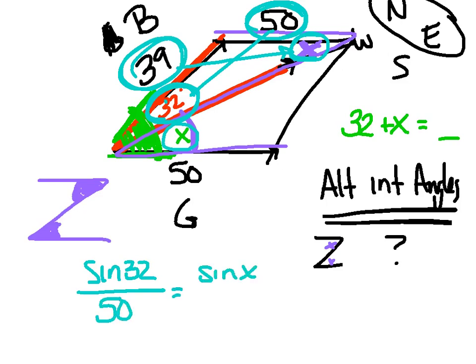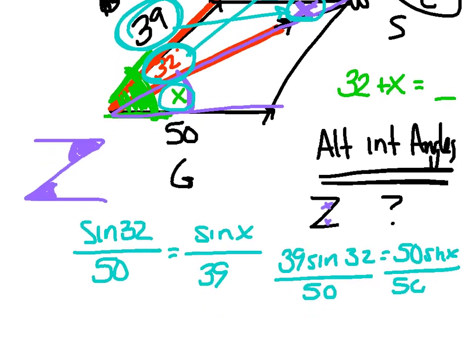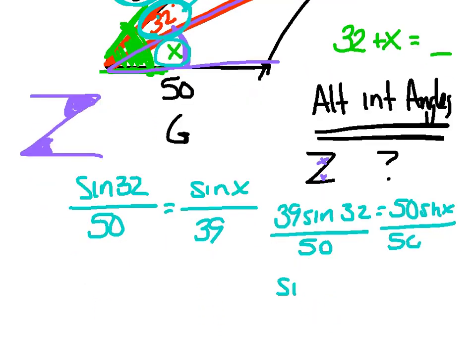Quick cross multiply and solve. Divide by my 50. I've got sine x equals 0.4133. Take my inverse sine, and I get x equals 24.4 degrees to the nearest tenth.